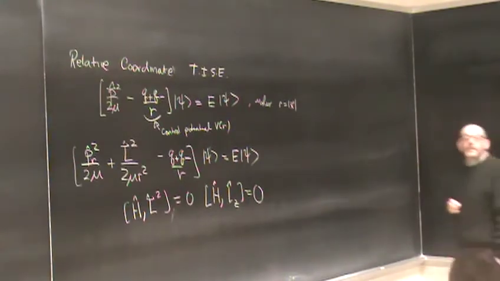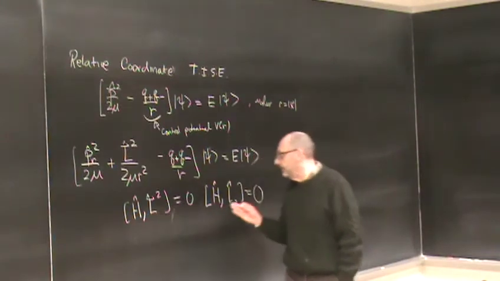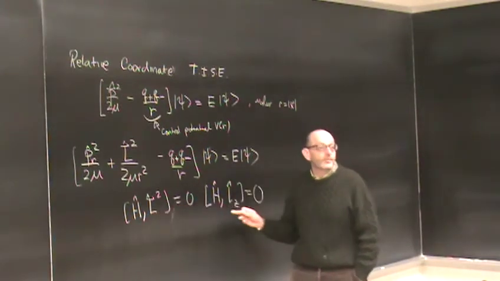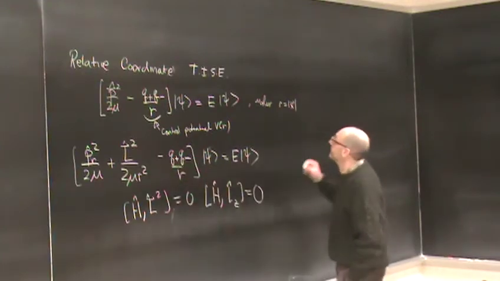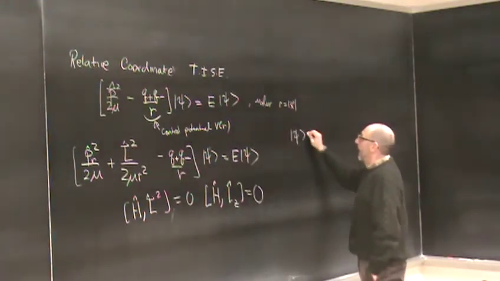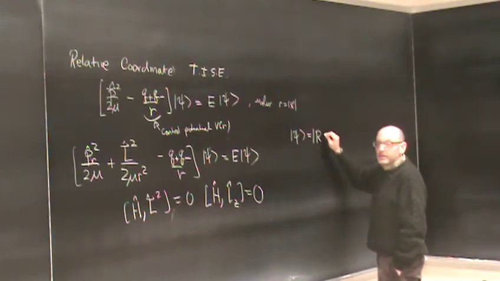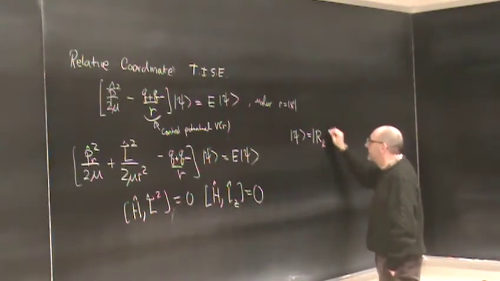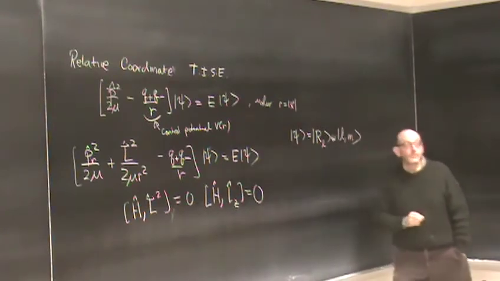Which means that stationary states of the Hamiltonian are also stationary states of L squared and LZ. That is to say, we can separate the solution here as a radial wave function, which actually depends on L and Lm. Okay?